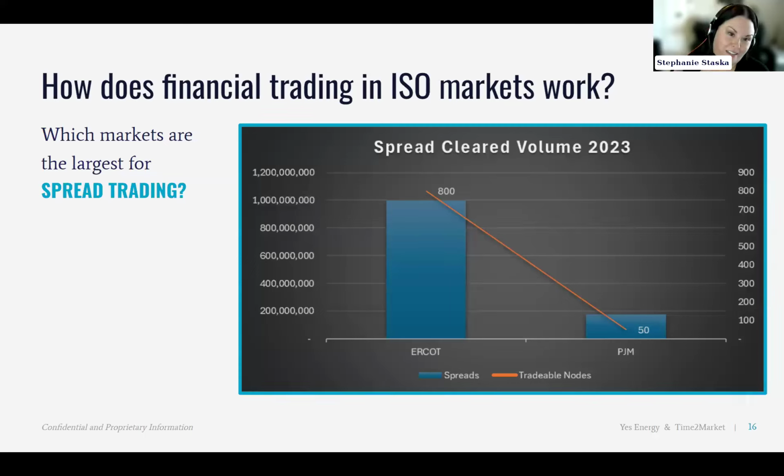So approximately, we're going to math, 800 factorial options for the particular node combinations that you can trade for spreads in ERCOT versus 50 factorial approximately in PJM. So there's just a larger number of trading options in ERCOT, which is why we see more volume there.